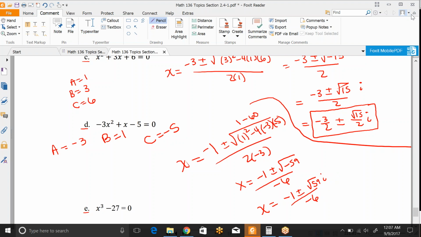Which would be, now it's negative 1 over negative 6, so that actually makes positive 1/6, because it's a negative divided by a negative. Plus or minus, even if you divide it by negative, it doesn't really change it because they're both signs. It would make it minus plus if you wanted to be technical, but it's still plus or minus. And then that would be the square root of 59 over 6, and then i.